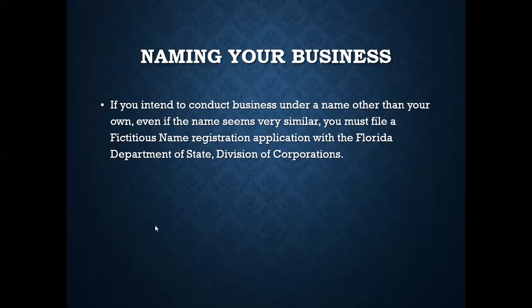You start out by making sure that you search the name of your organization and make sure no one else has it. Once you identify that, you want to create what's known as a fictitious name. In Florida, you do that with the Department of State. Every state has this fictitious name that an individual can complete, and it's any name other than your legal name.